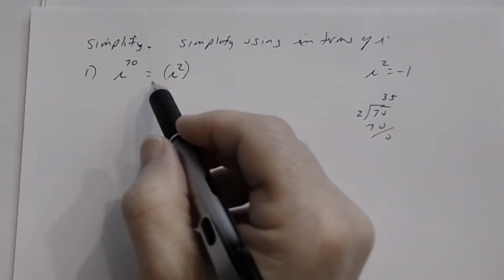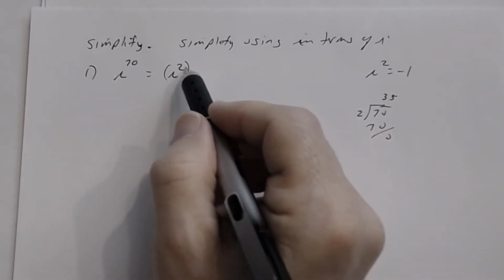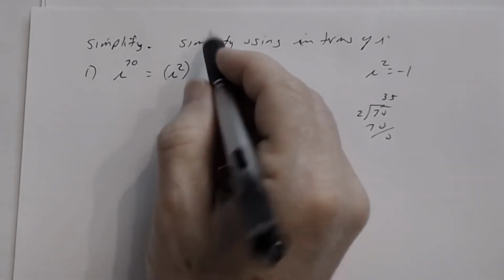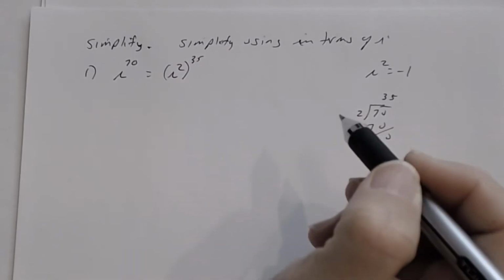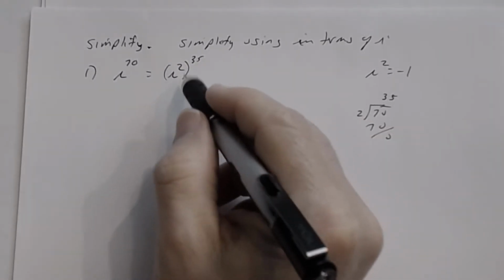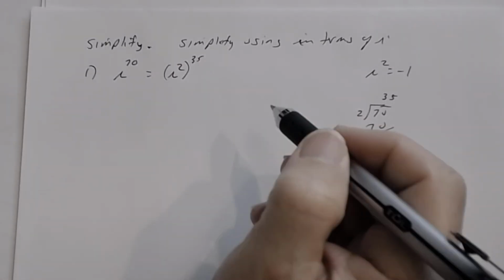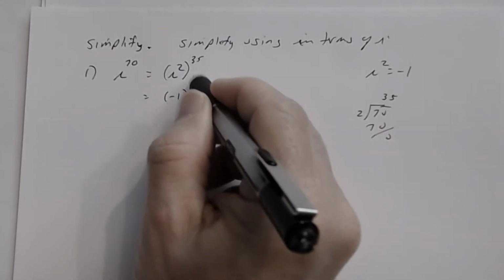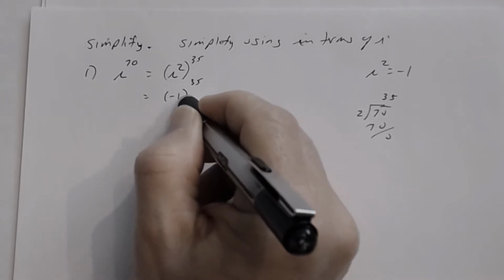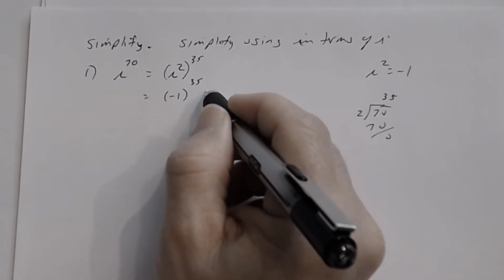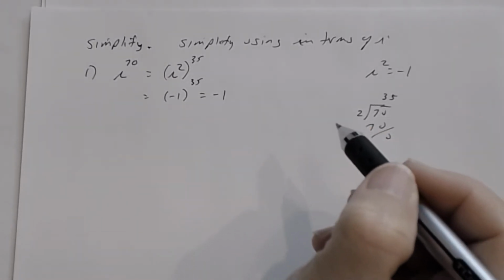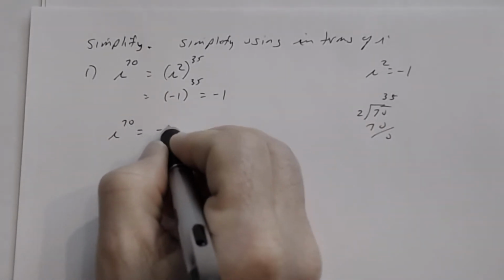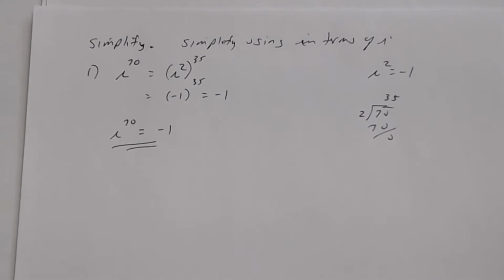So basically I'm not going to need anything else. 2 times 35 is 70, and so I'm done with that part. So i squared is negative 1 raised to the 35th power, and negative 1 raised to any odd power is negative 1. So i to the 70th equals negative 1. There's your answer.